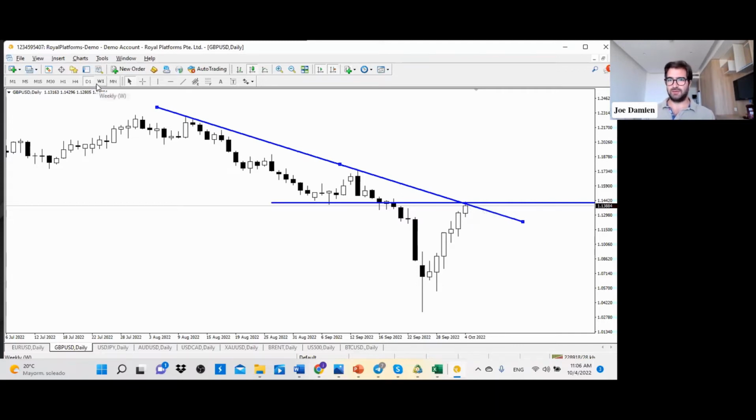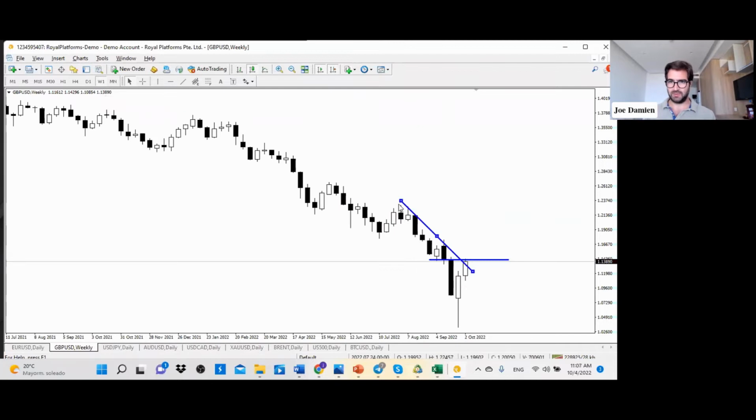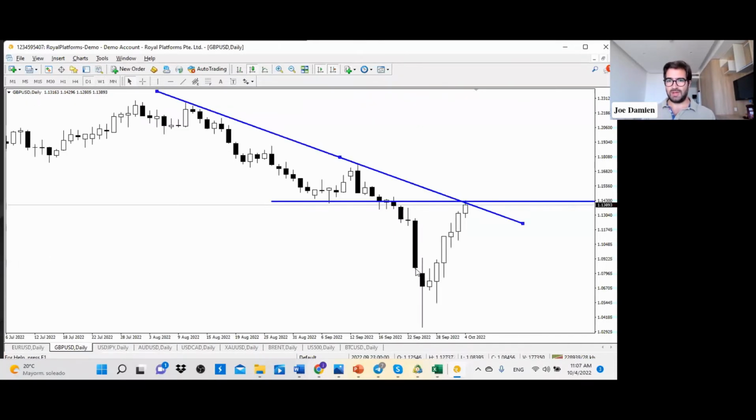I'm not considering for sure a buy position since we are in a downtrend on the higher time frame. Although we have strong momentum to the upside, we can see these big bullish bars, for now I should just be looking for short opportunities. Why? Because as we said, we are in a downtrend. So from this area, we can see that the market is respecting this area of confluence.